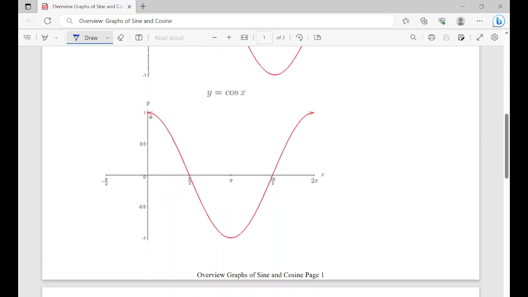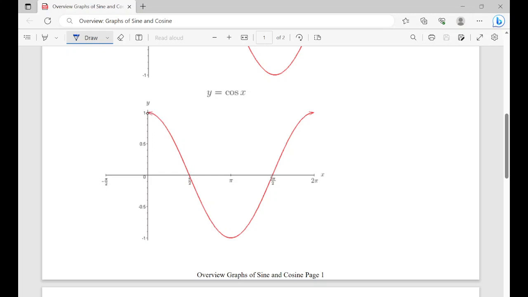Cosine, on the other hand, starts at 1, will go down and cross the x-axis at pi over 2, then go down as far as -1, then come back up, cross the x-axis at 3 pi over 2, and then go back up to 1 where it hits 2 pi, completing 1 period. So cosine again looks like this.